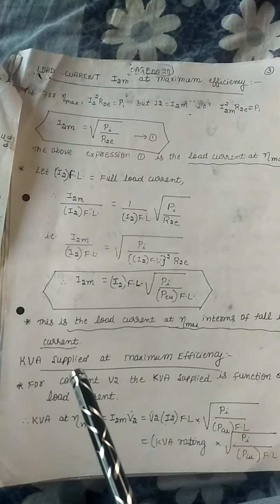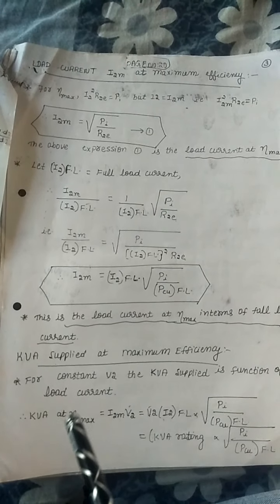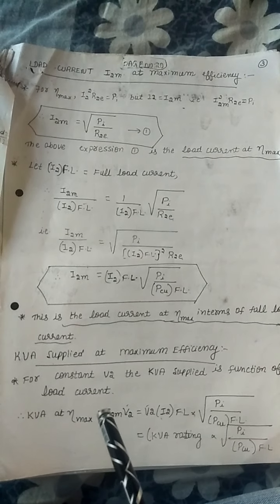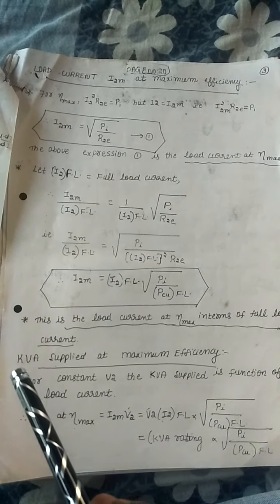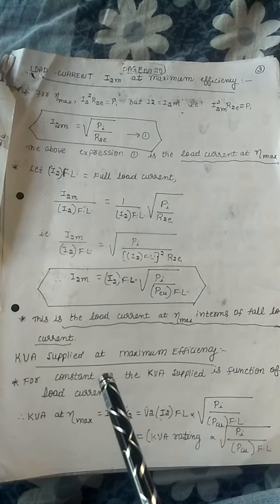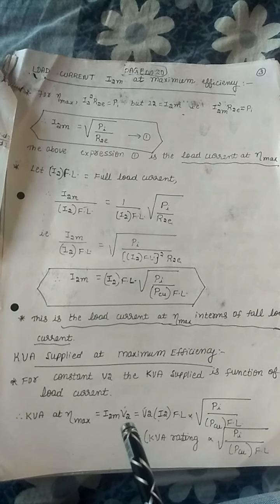Now the kilovolt ampere supplied at maximum efficiency. If you want to find it, kilovolt ampere means volt and ampere. The current value I2M you have to multiply by V2, the secondary terminal voltage.